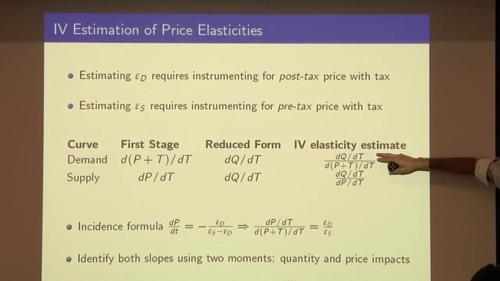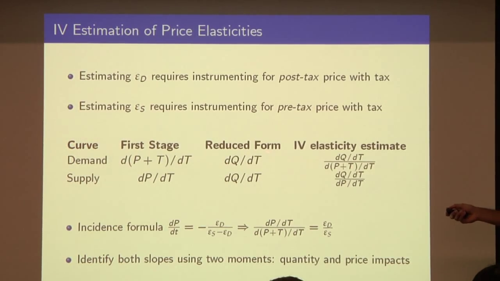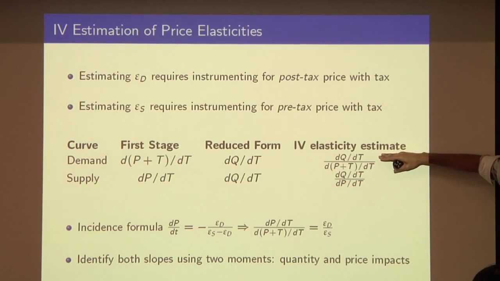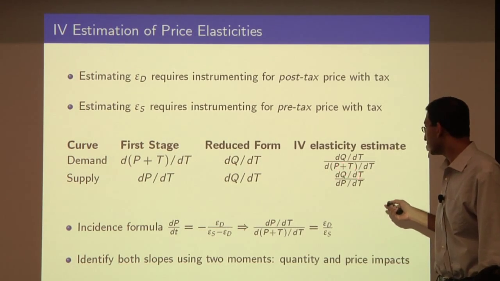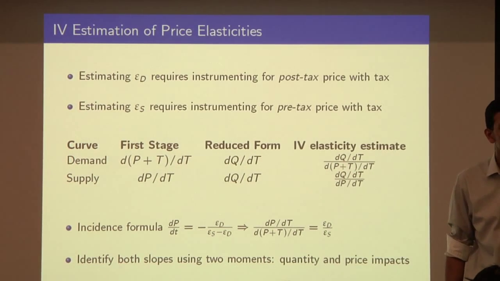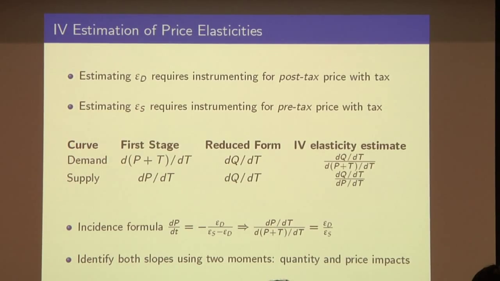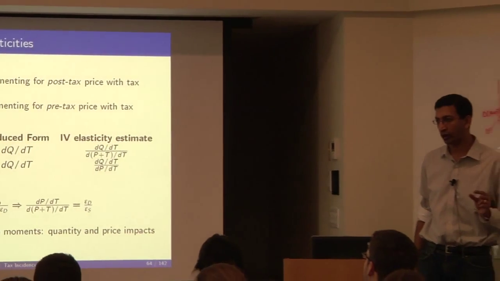So what you then get is what's the IV estimate? The IV estimate is just the ratio of the reduced form to the first stage, as we talked about in the last lecture. So for the case of the demand curve, it's this ratio, and for the case of the supply curve, it's this ratio, right? So what may be somewhat confusing or surprising about this is that for both the supply and demand curve, we're just taking the same reduced form estimate, but we're scaling it by different quantities, right?